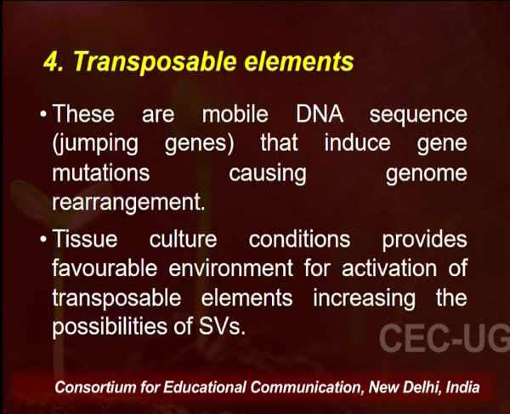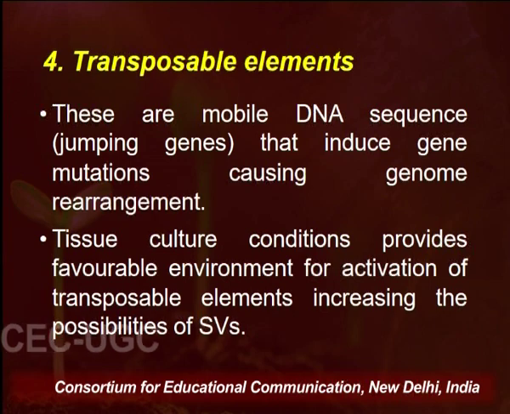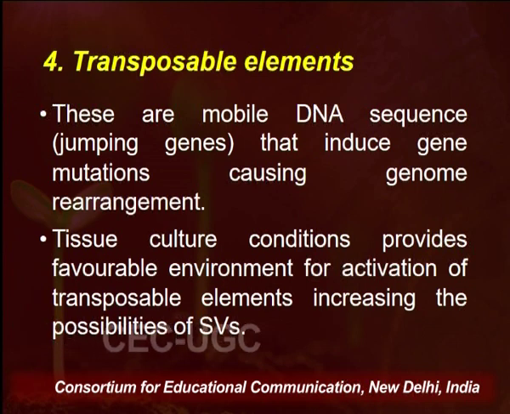Now it has been observed that when the plants are grown under in vitro conditions or tissue culture conditions, such conditions provide a favorable environment for activation of such transposable elements or jumping genes. And when there is an activation of such elements, there is a significant increase in the chances of developing somaclonal variations.